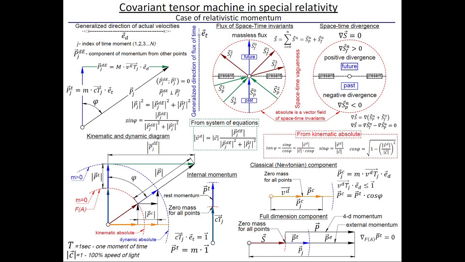On the kinetic and dynamic diagram, you can see how momentum Pdj transforms into other momentum. Then they can be represented as separate components. Pj decomposes into mass and velocity.